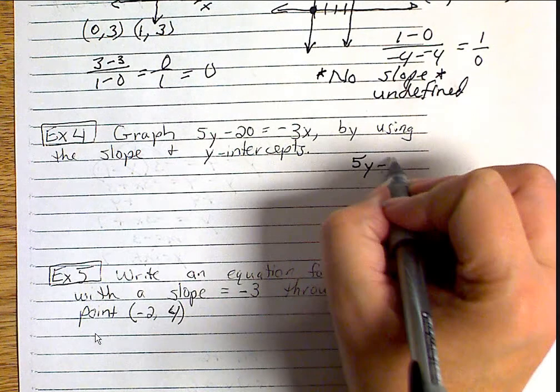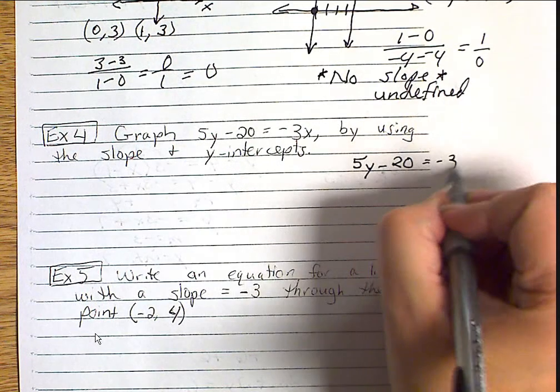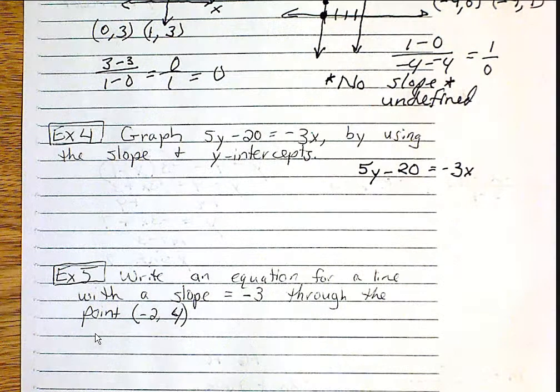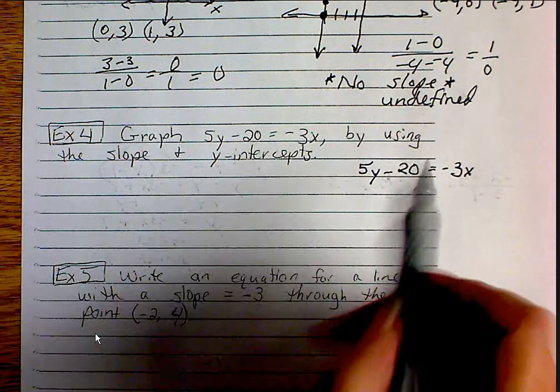So 5y minus 20 is equal to -3x. Megan, how do I get this into the y equals form? What am I going to do first? Add 20, so I'm going to add 20 to both sides.